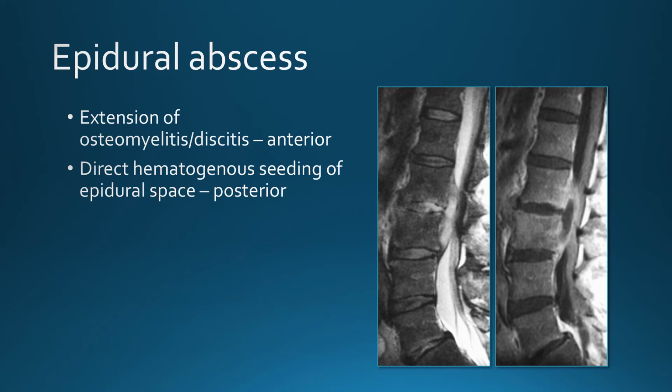Most frequently, this is a sequela of osteomyelitis discitis, and in those cases, usually the epidural abscess is in the anterior epidural space. The other way you can get an epidural abscess is just direct hematogenous seeding of the epidural space, and most of the time, when that happens, the abscess is located in the posterior epidural space.